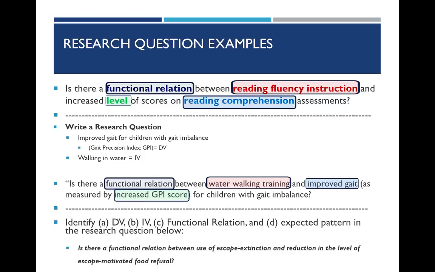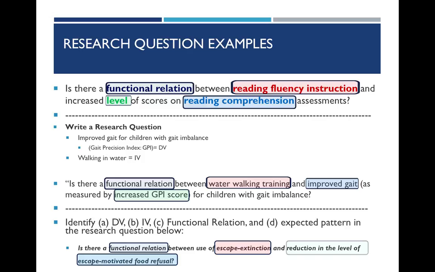Where's the dependent variable? Where's the independent variable? How do you know if this is experimental or not? And what's the expected pattern? Part of what we'd hope at this point, you'd say escape-motivated food refusal is the dependent variable. Escape extinction is the independent variable.